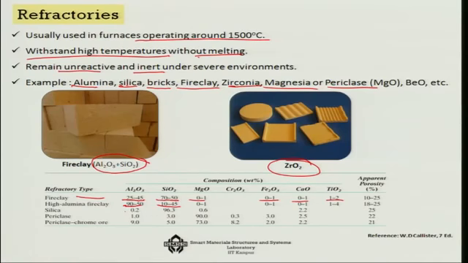Similarly, in silica, you will see that mostly it is silica itself, alumina comes as an impurity there, then of course magnesium oxide and calcium oxide. The other important thing is that the porosity is generally about 20 to 25% in this type of materials.